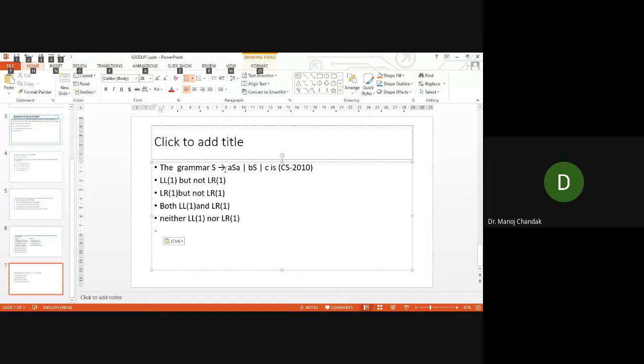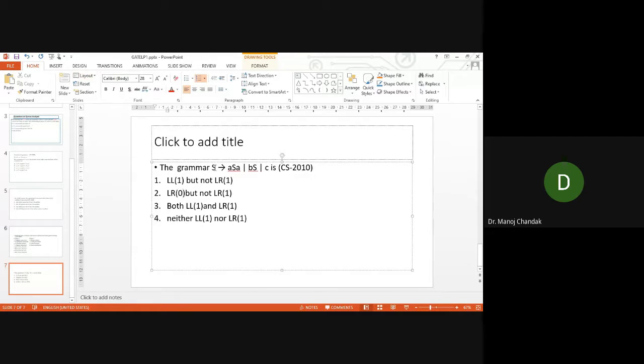Grammar S derives to ASA, BS, and C. So whether the grammar is LL1 but not LR1, LR1 but not LL1, LL1 but not LR0, both LL1 and LR1, or neither LL1 nor LR1.